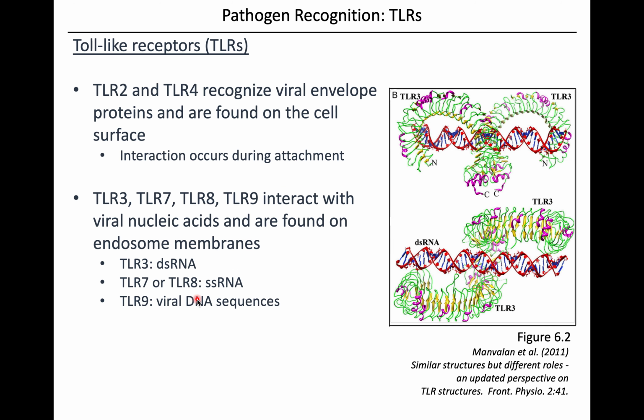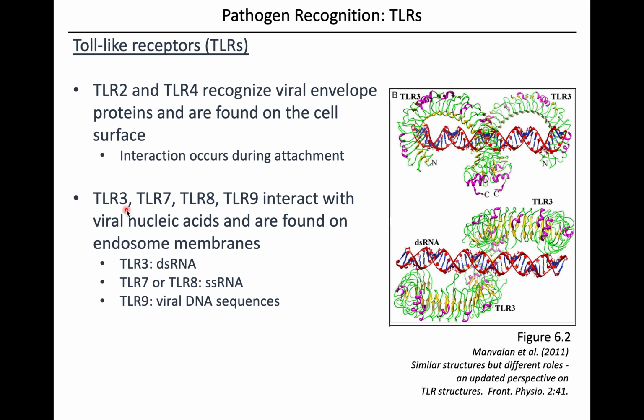So just to give you a little bit more detail, TLR2 and 4, which were the cell surface toll-like receptors, usually recognize viral envelope proteins, right? So we're talking about enveloped, membrane-covered viruses that have proteins extending from that envelope. And so these would be recognizing viruses that are in the process of attachment.